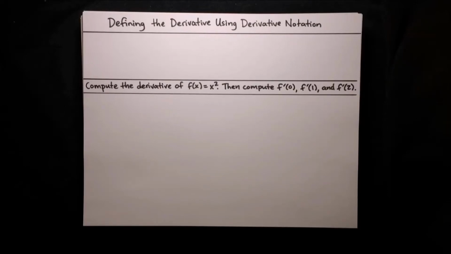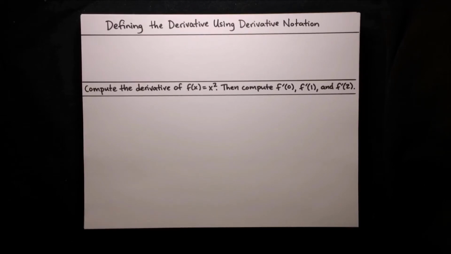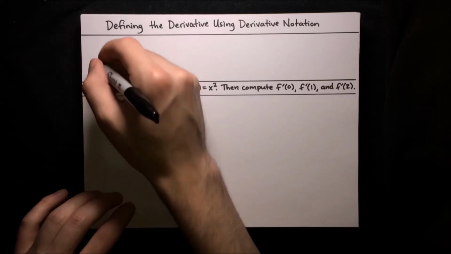In this video, we're going to learn how to define the derivative using derivative notation. Previously, we learned how to compute the instantaneous rate of change of the function f of x at a particular point x equals a. To recap, the way we do this is as follows.